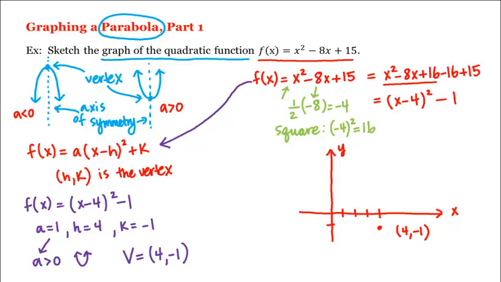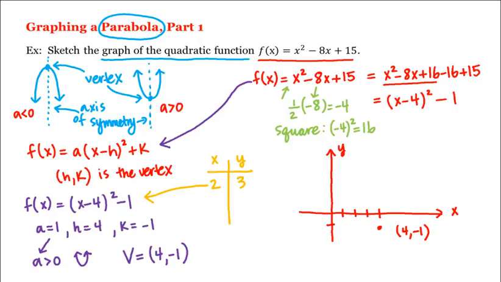Now let's find some other points on our parabola. So x and y. When x is equal to 2, for example, we can plug that value into this form here, and we get that y is equal to what? 2 minus 4 is negative 2, negative 2 squared is 4, and 4 minus 1 is 3.